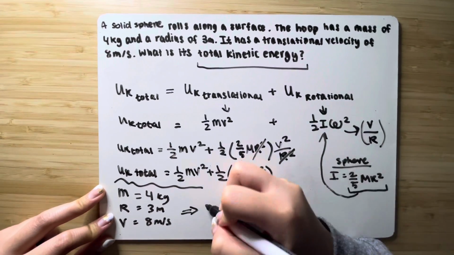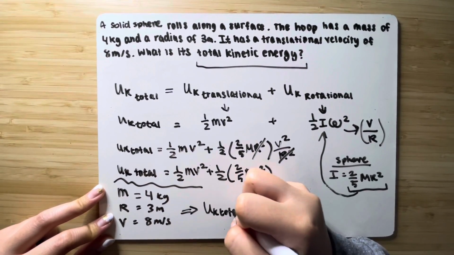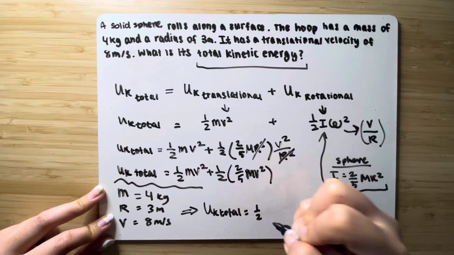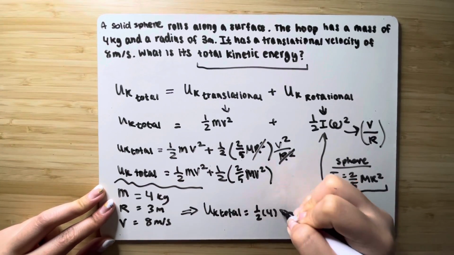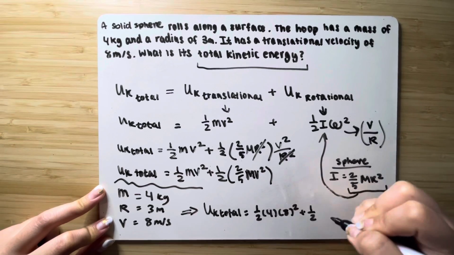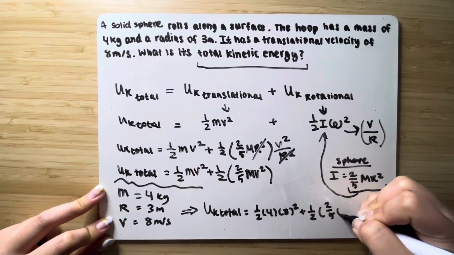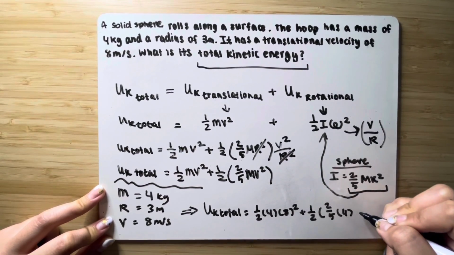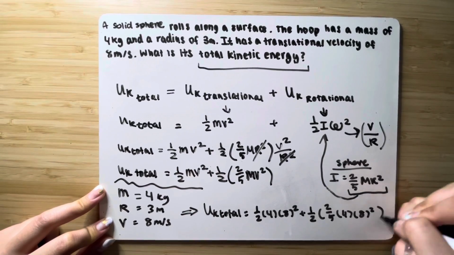Okay, so UK total is equal to 1/2 mass, which is 4 kg, times velocity, which is 8 squared, plus 1/2 times 2/5 mass, which is 4 kg, times velocity, which is 8 squared.